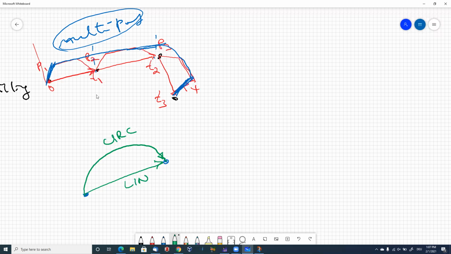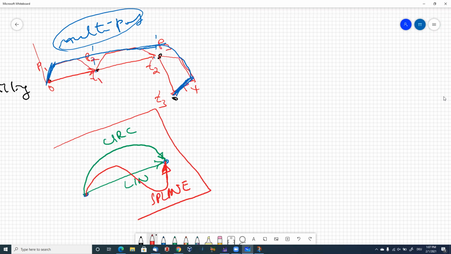And the third option is there could also be a possibility to move this way. This is spline. And then the other option is the fast motion with the maximum speed. So now let's focus only on those 3 motions.